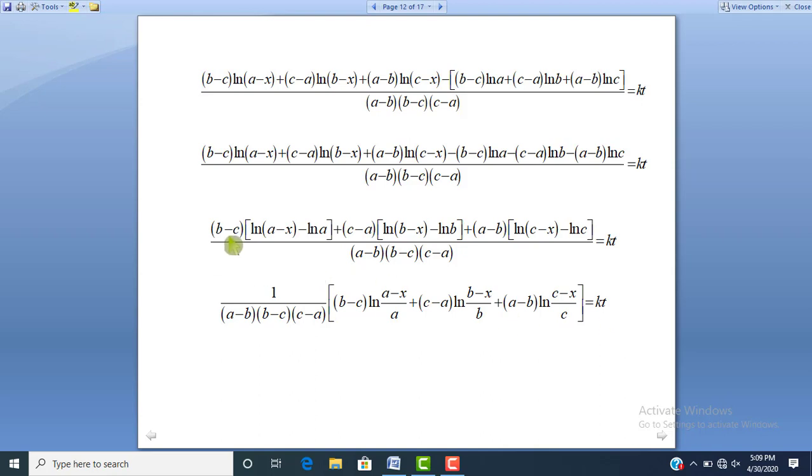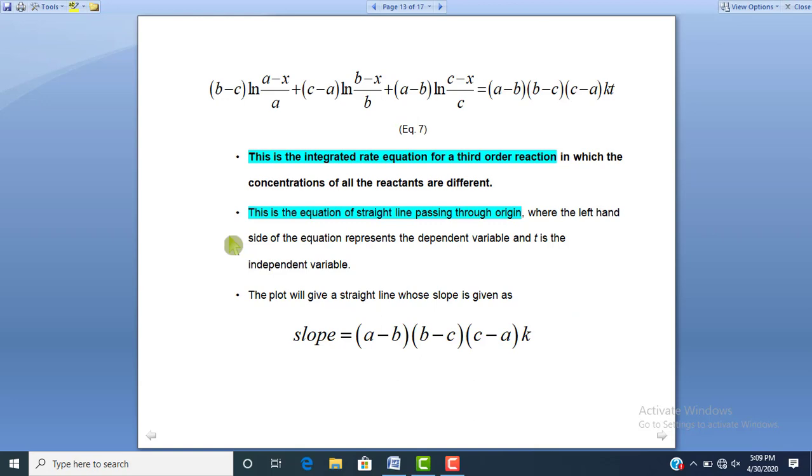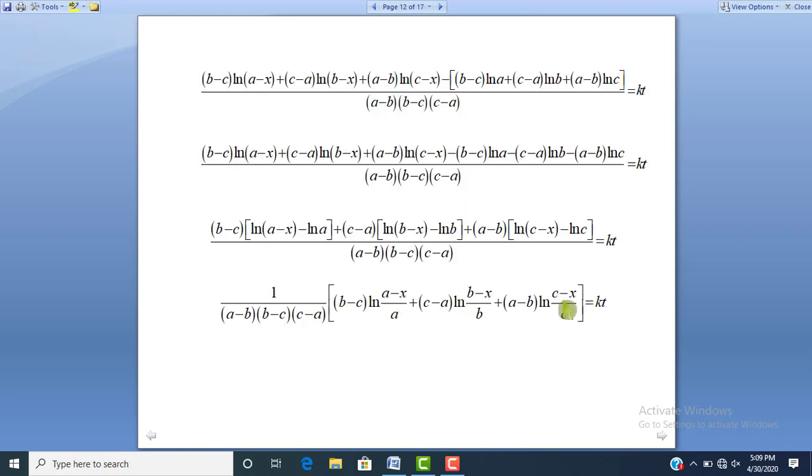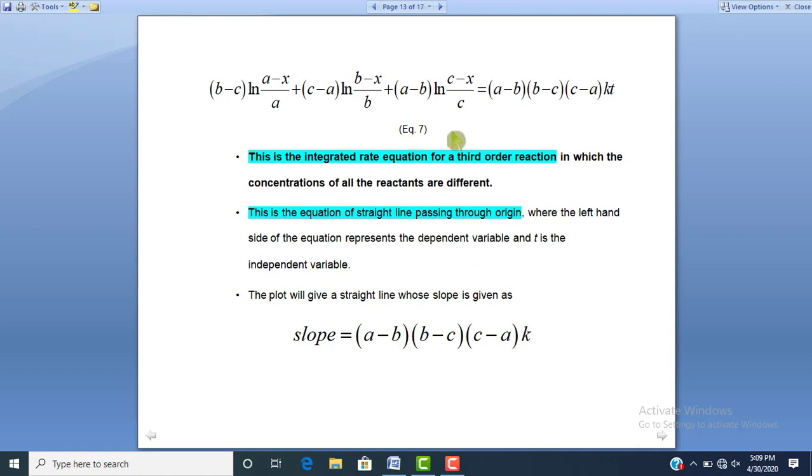Dear students, this equation is very important because when we rearrange it, we get the resultant equation number 7. And equation number 7 is b minus c natural log a minus x over a plus c minus a natural log b minus x over b plus a minus b natural log c minus x over c is equal to a minus b into b minus c into c minus a into kt.